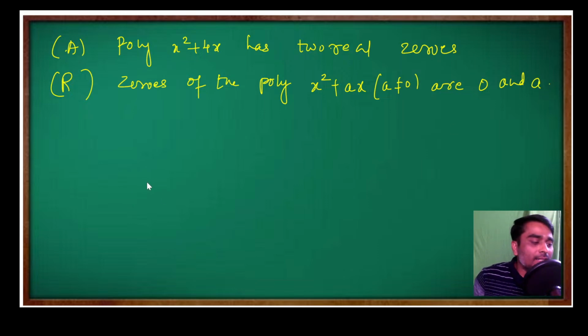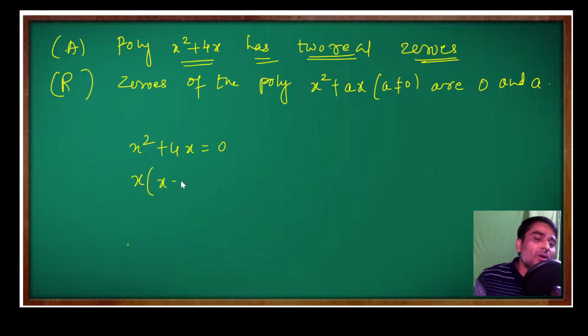So which is correct and which is not correct? Polynomial x square plus 4x has two real zeros, it says. Polynomial chapter I have already finished. If you have watched how to find the zeros, just write x square plus 4x equal to 0.